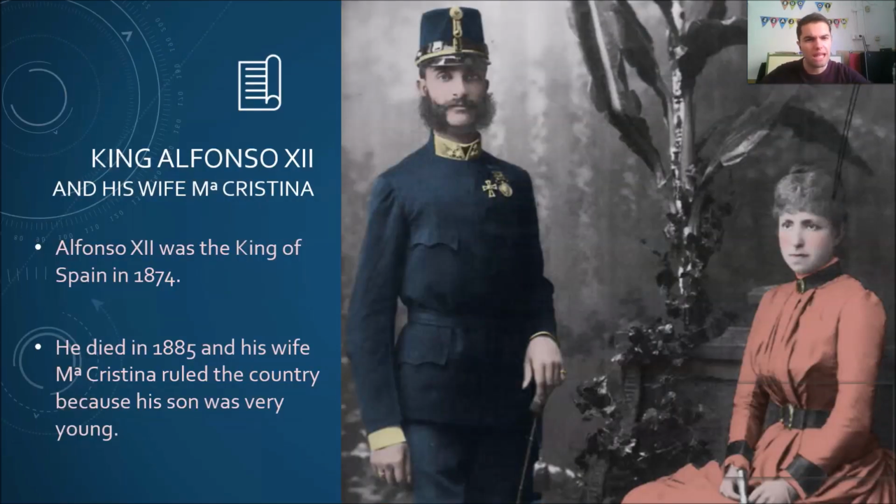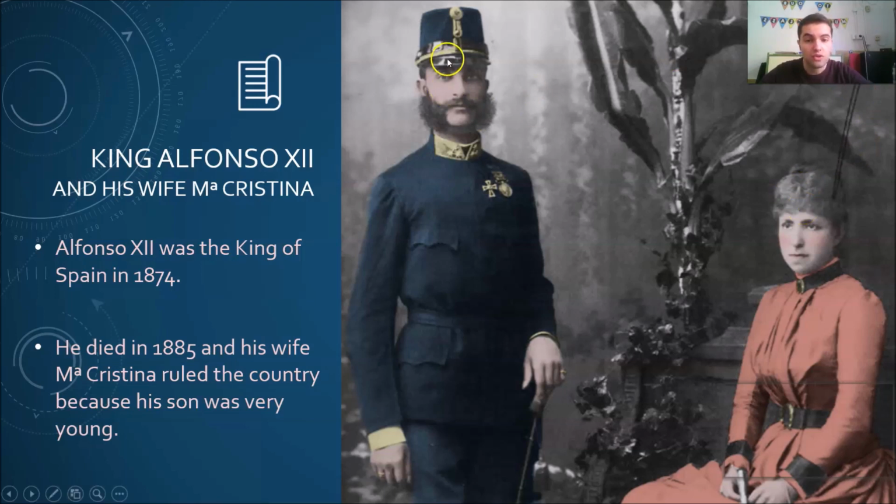So if you remember from the last unit, we were studying that King Alfonso XII, Rey Alfonso XII, and his wife Maria Cristina were the kings of Spain in 1874. When Alfonso XII, the king, dies, his son Alfonso XIII is very young. He is a boy. So his wife, María Cristina, has to rule the country for him.